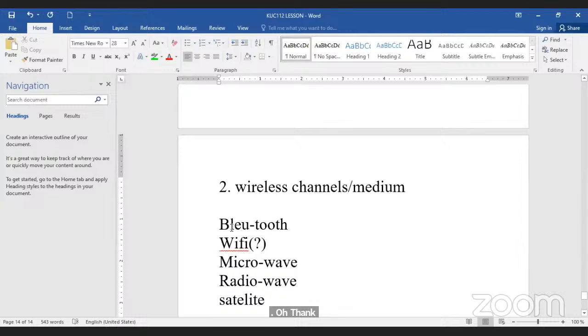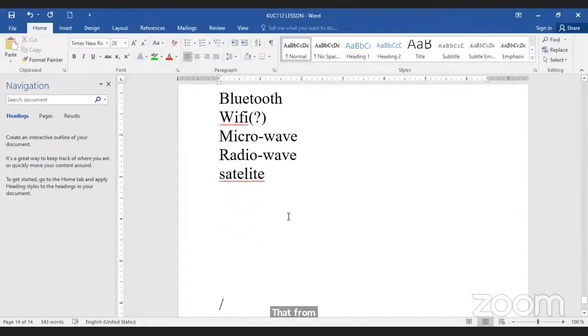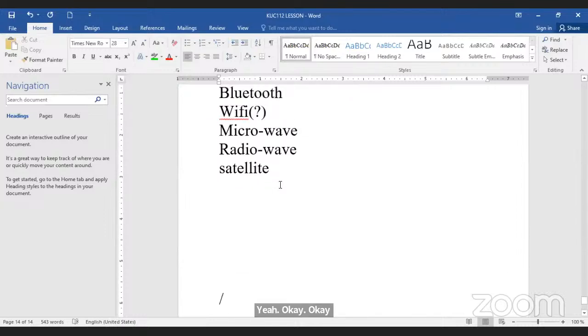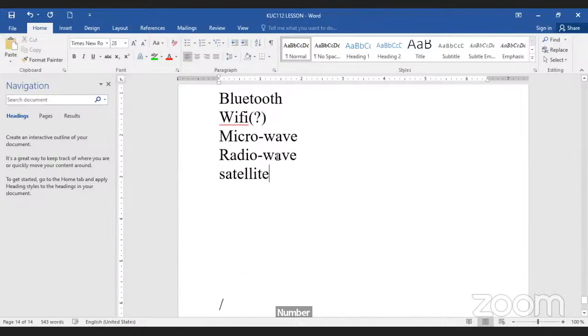So these are some of the technologies that come hand in hand when it comes to wireless, and we have many more. One having radio wave, microwave, satellite.